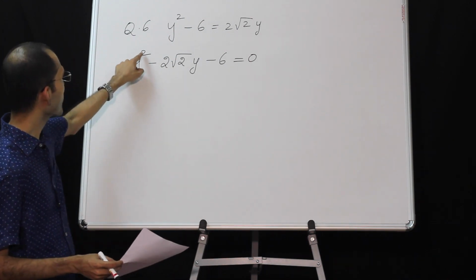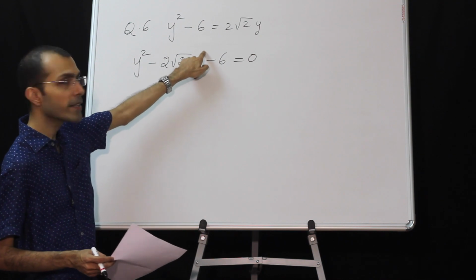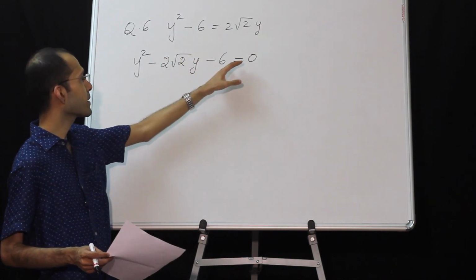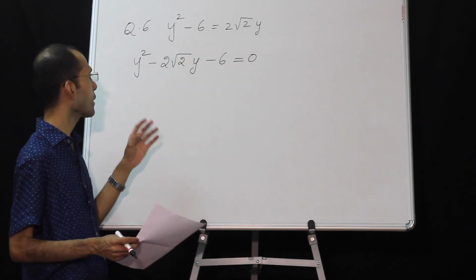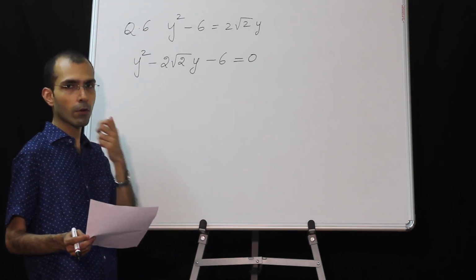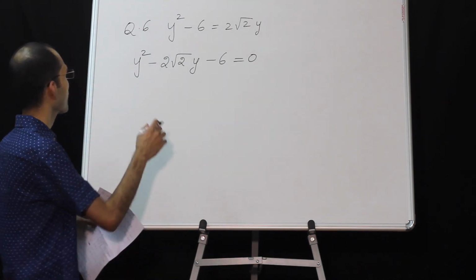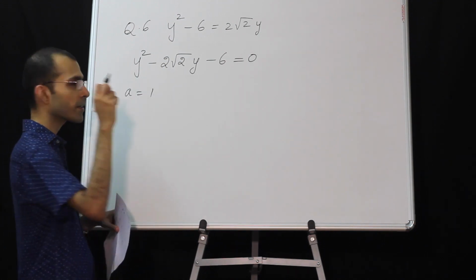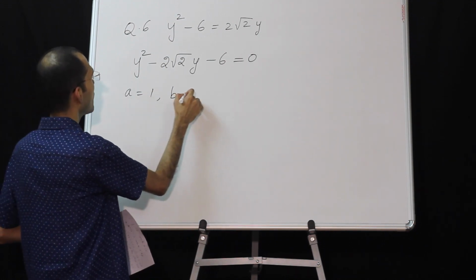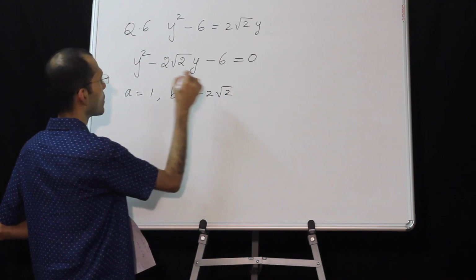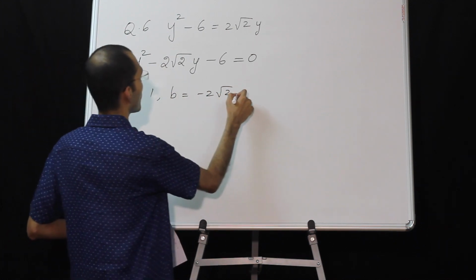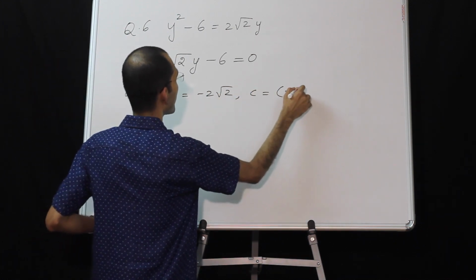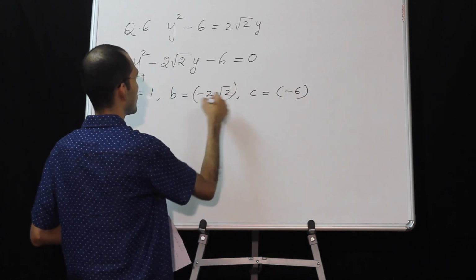So now this is the square term, then the power of y is 1, then minus 6 equaling 0. Okay, now we'll go a little quick because you have already got a good foundation in that. A will be 1, A is the coefficient of the square term. B will be minus 2 root 2, not 2 root 2. C will be minus 6.